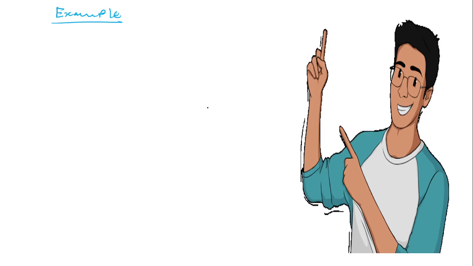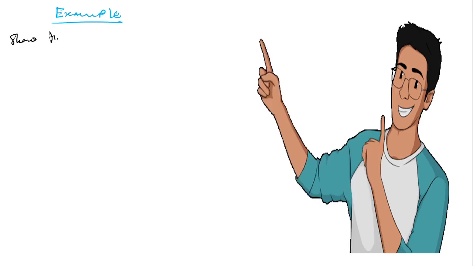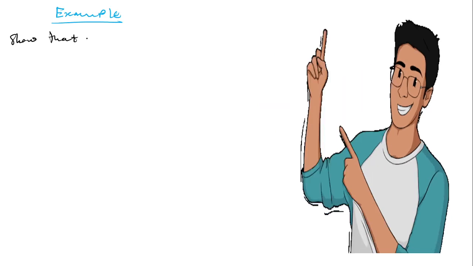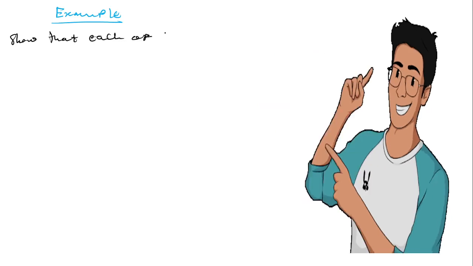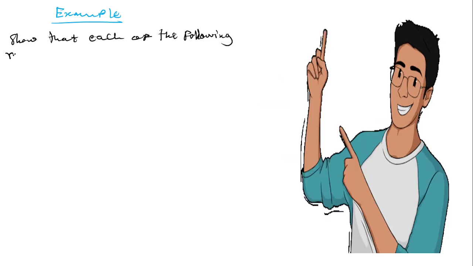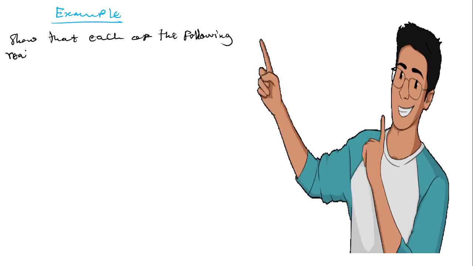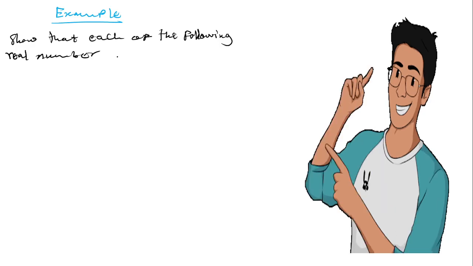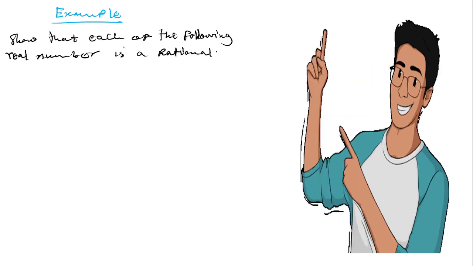So my example is: show that each of the following real numbers is a rational number.